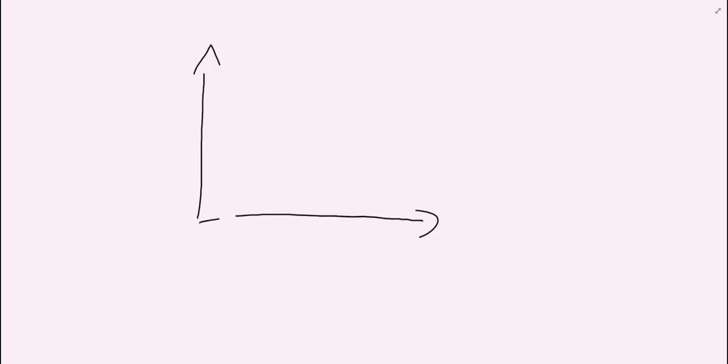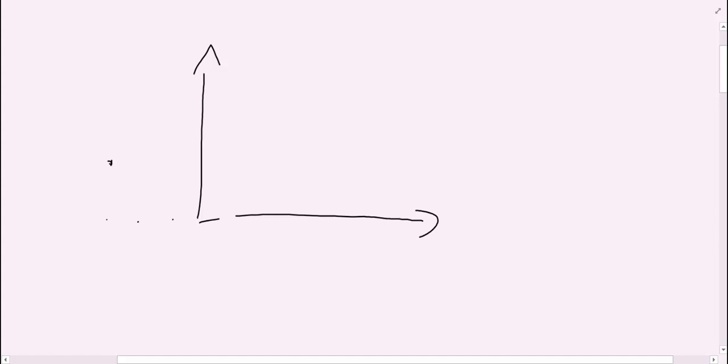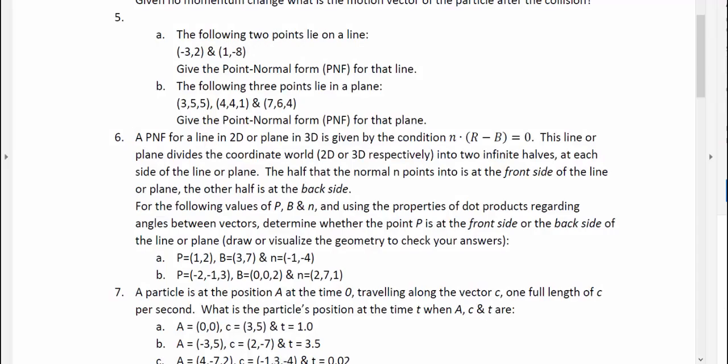So we have points again. Okay, so it was minus 3, 2. Let's have this bit to the side here. So this would be one of the points. And the other point is 1, minus 8.